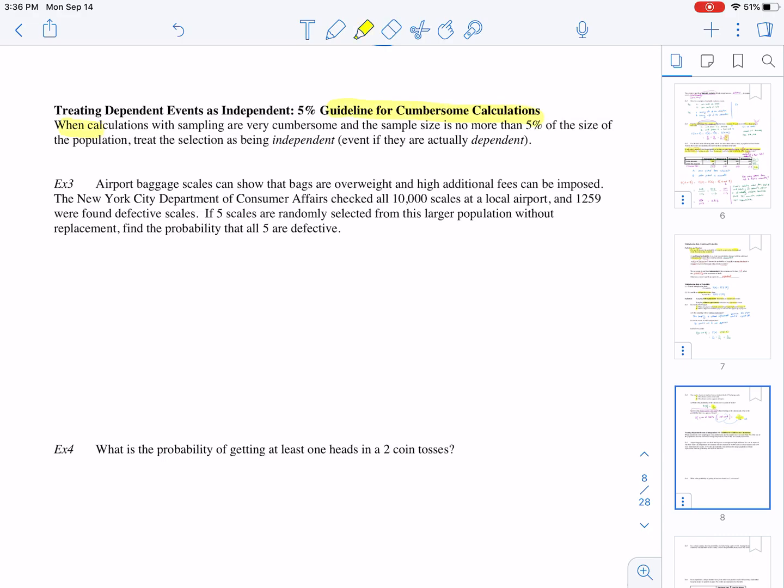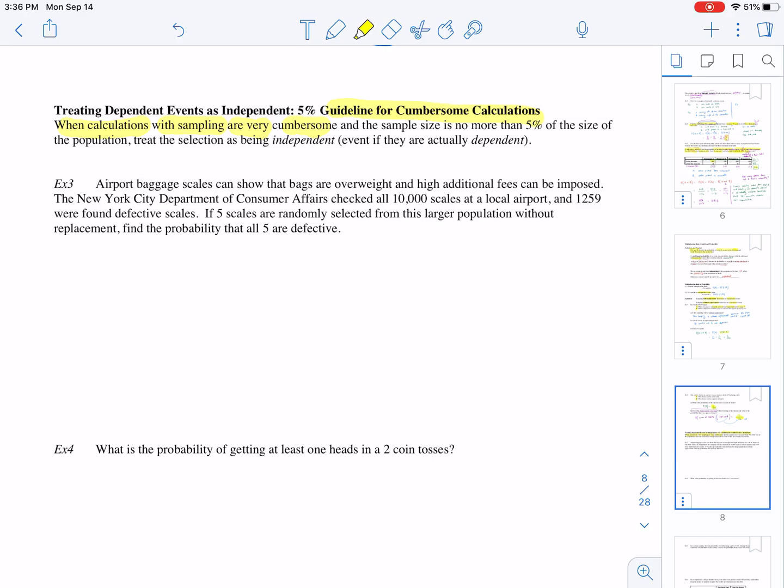So this says that when calculations with sampling are very cumbersome and the sample size is no more than 5% of the size of the population, treat the selections as independent even if they were actually dependent. So this is where we have larger selections and the selections are dependent, but because the calculation is cumbersome and tedious, we're going to treat the selections as independent because the sample size is no more than 5% compared to a larger population.